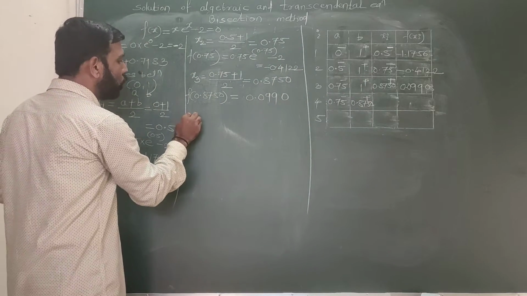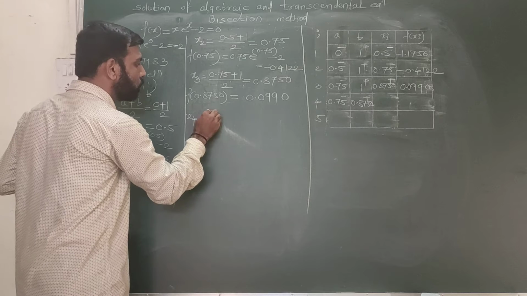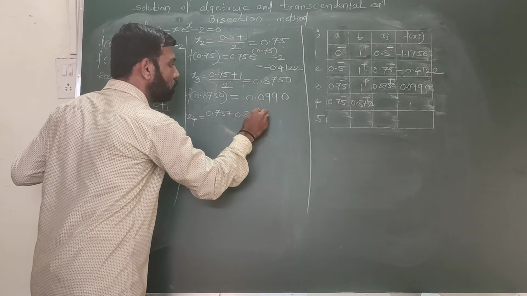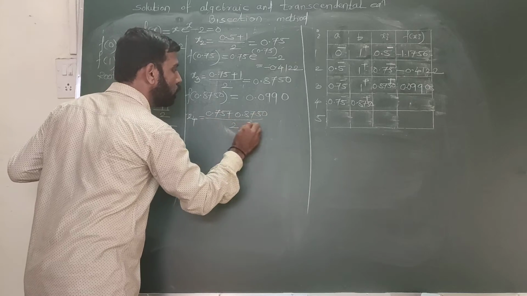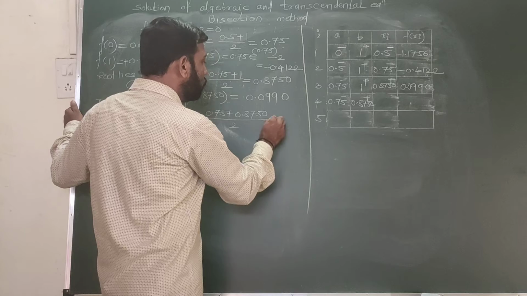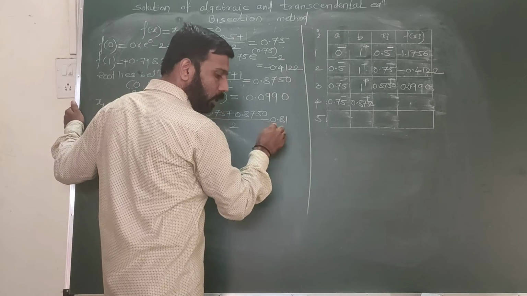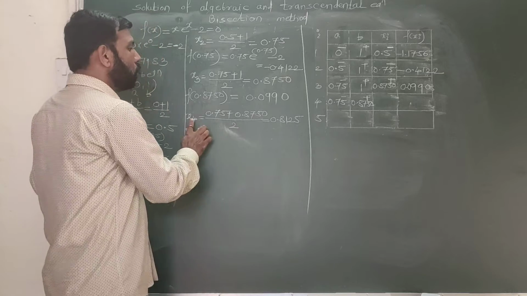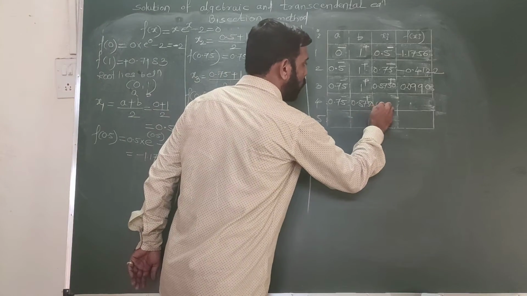So x4 becomes a plus b upon 2, which is 0.8125. Fourth approximation we got here.